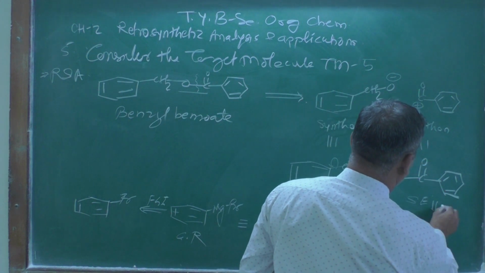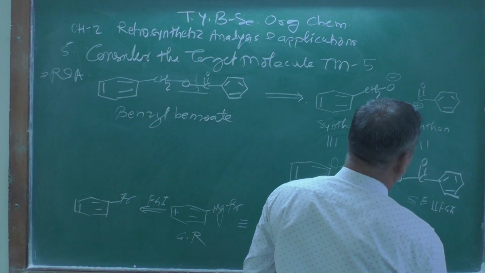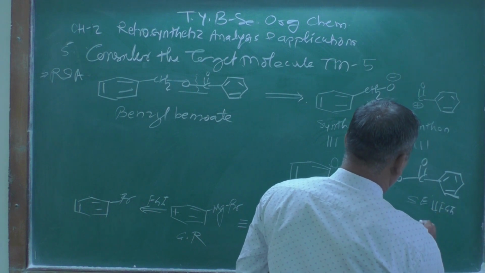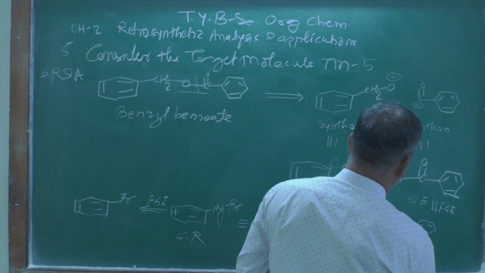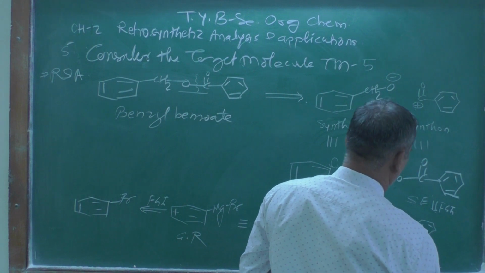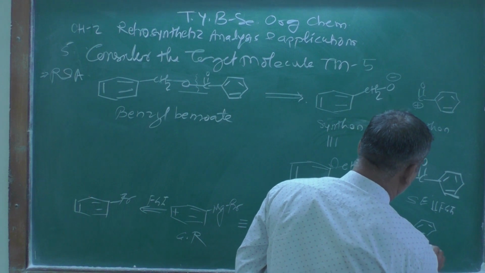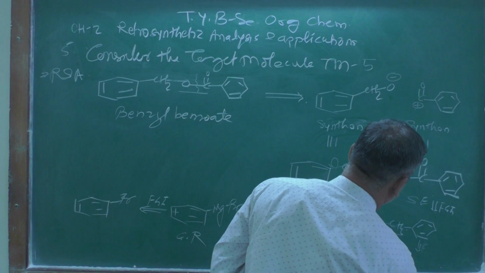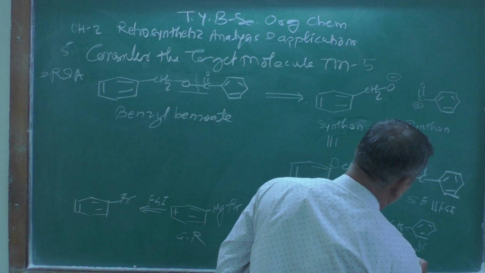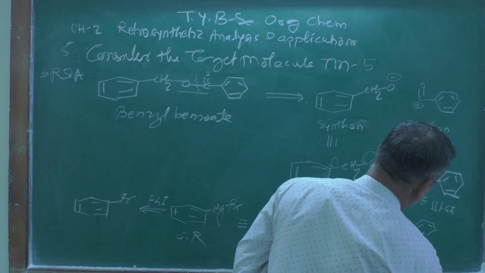This can be obtained by an FGI, functional group interconversion, and this can be obtained from this CH3 toluene, and that toluene can be obtained again, if you break from there, you will get CH3Br, and here is a benzene.